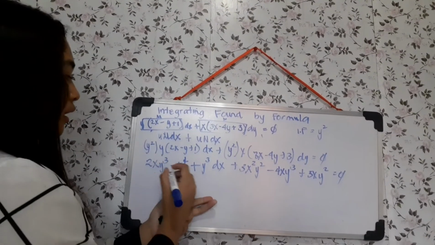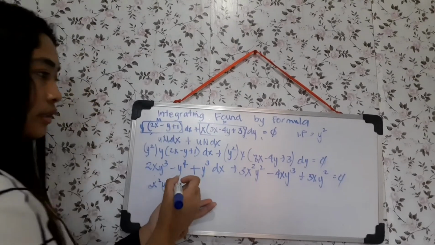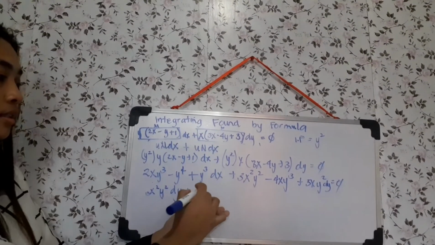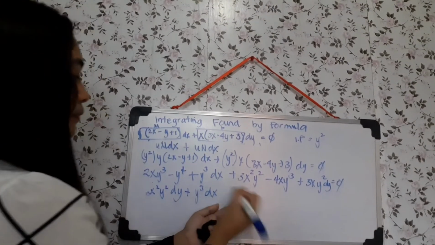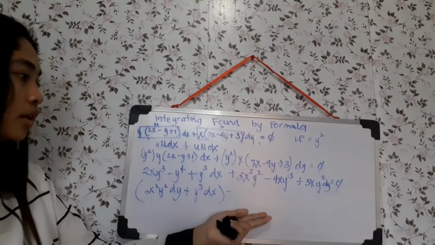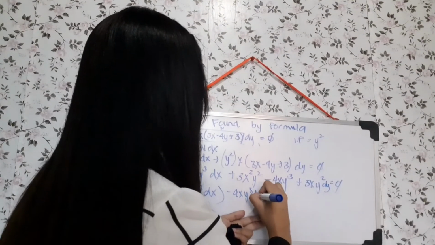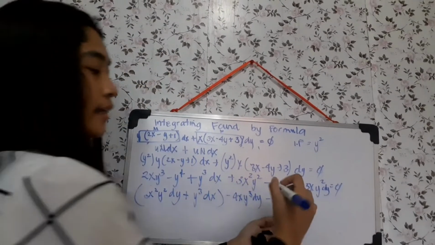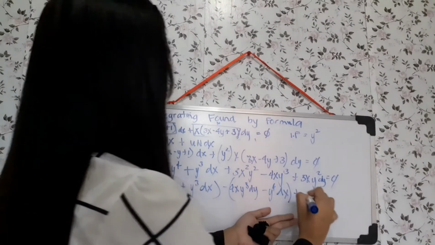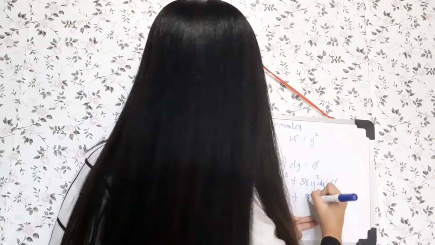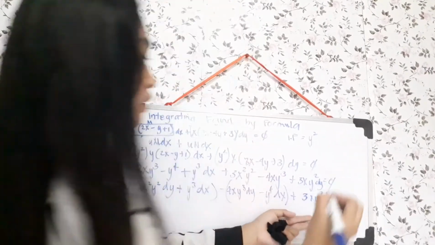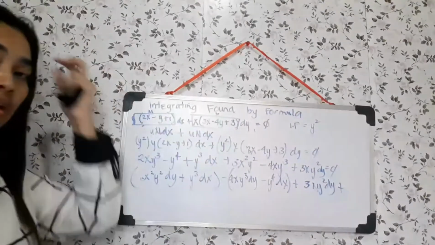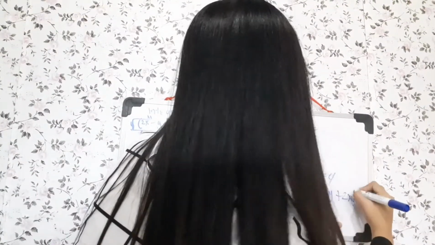So we have first 3x squared y squared dy plus y cubed dx minus 4xy cubed dy minus y to the fourth dx and plus 3xy squared dy plus 2xy cubed dx.